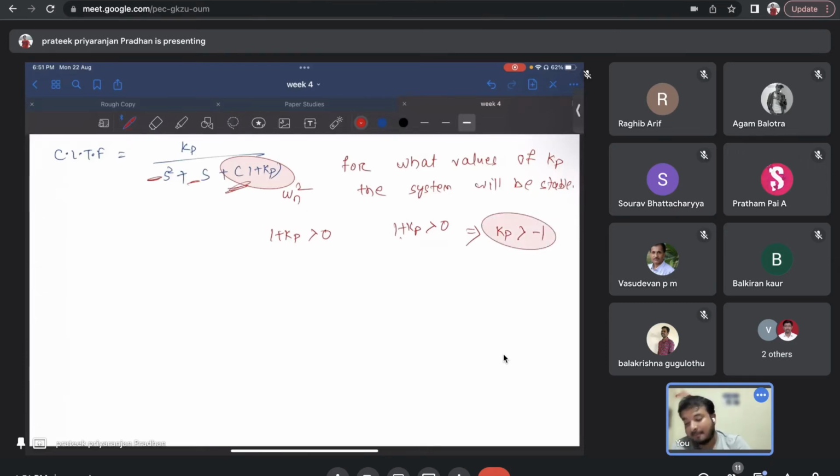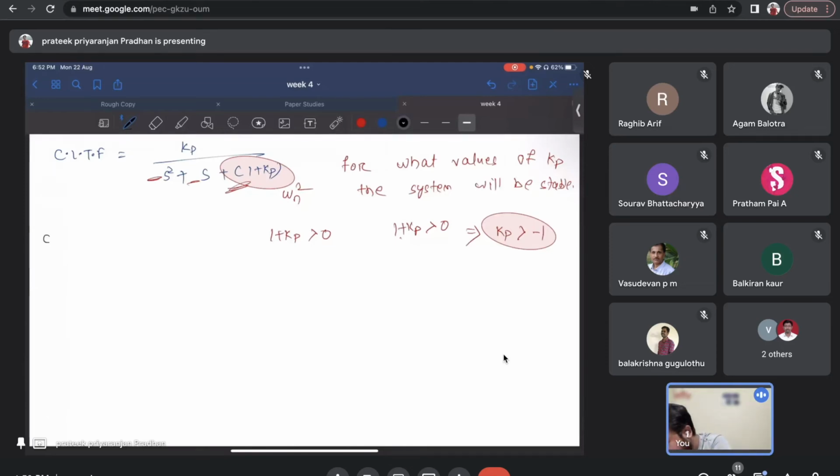But this is a trick I have. Whenever someone gives you some trick, you need to verify it. What I want to prove to you is that if you go through the actual procedure, you will end up with the same answer. So let's calculate the poles. If my poles are on the left hand side, then it's stable.